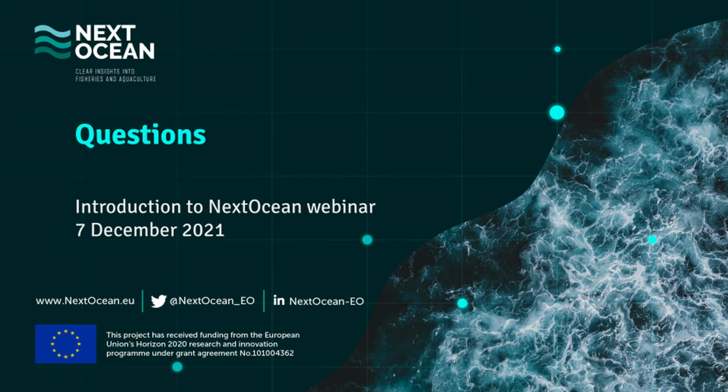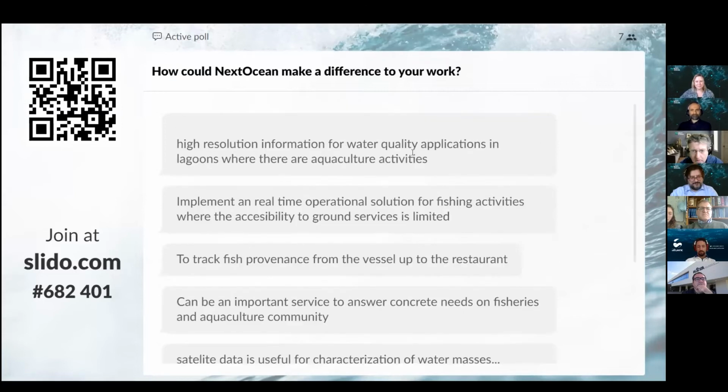While you're doing that, I could just share my screen to show you the answers that have been put in on the kind of things that might make a difference to your work. So there's a few more. I did at the top. So for instance, high resolution information for lagoons where there's aquaculture activities.